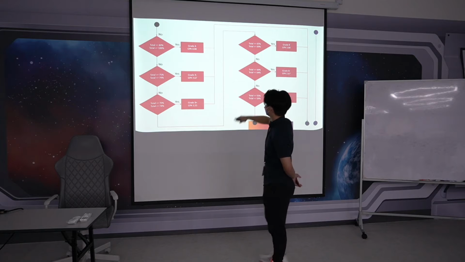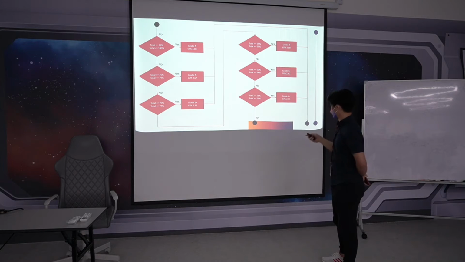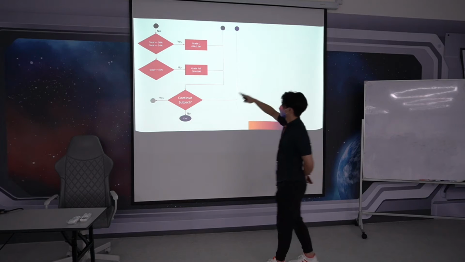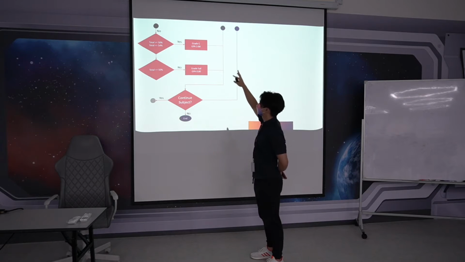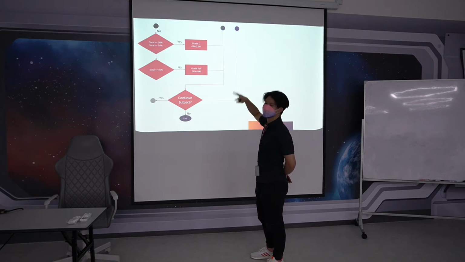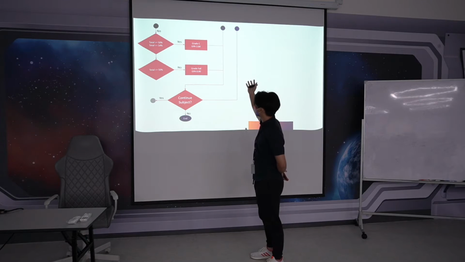And then it continues the same, with different grades. If all of that doesn't apply, and 100 until 50 also doesn't apply, we'll go to fail, and then we'll come to here, continue subject?